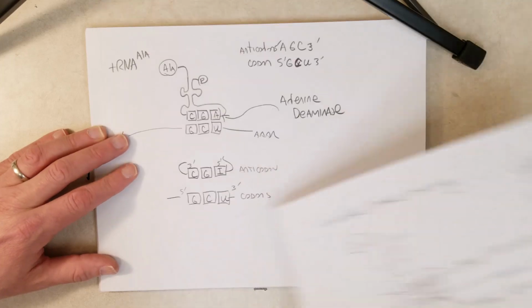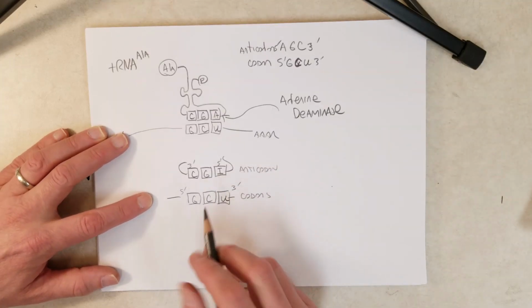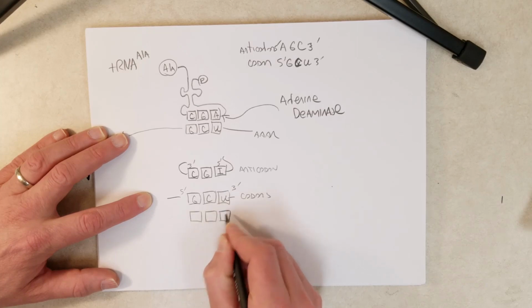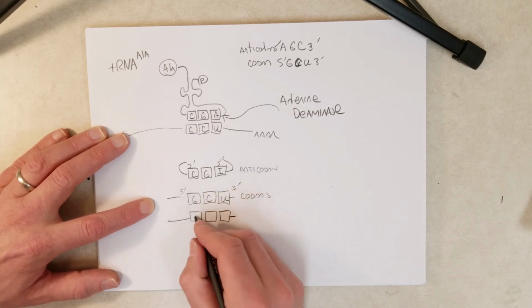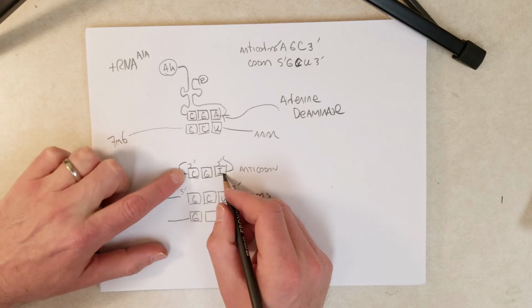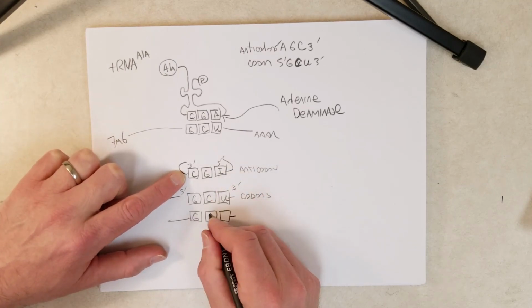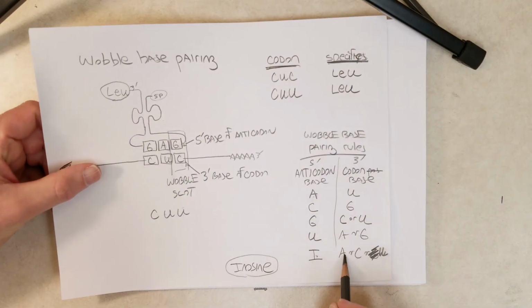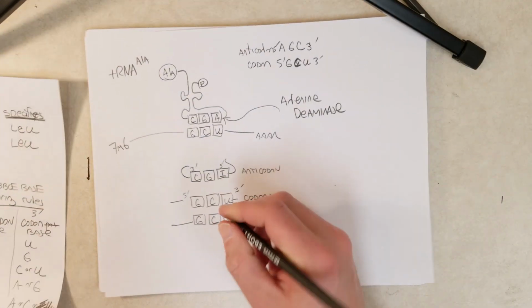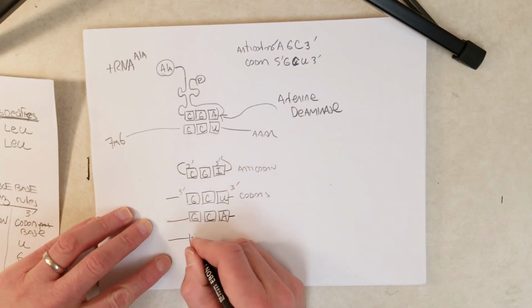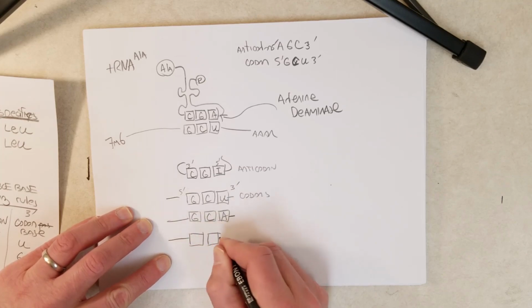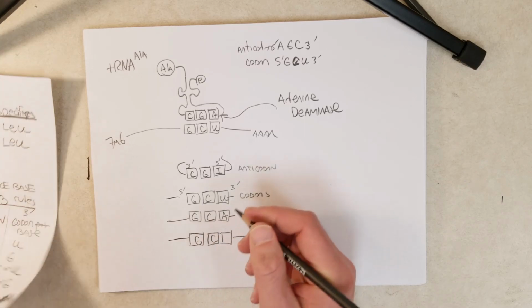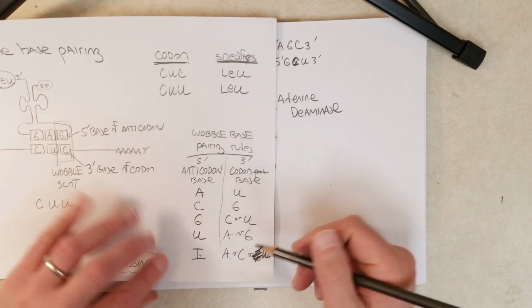So yes, I can pair with U, or with A, or with C. So this tRNA with an inosine here can recognize all of these.